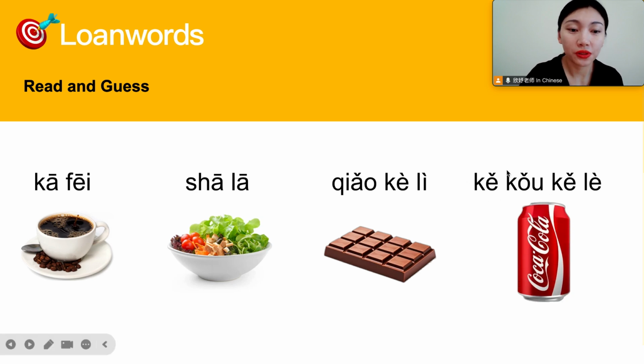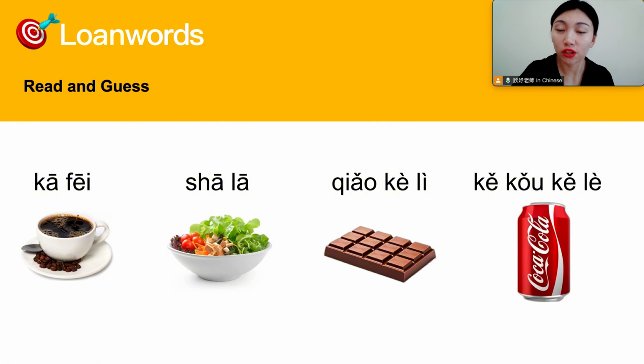Please pay attention here. In 可口可乐, the first 3 pinyin are all third tone. So when we read them together, we still need to follow the rule. The first and the second one both change into the second tone. Change the third tone into the second tone. So we will say 可口可乐. So we don't pronounce them as the third tone.